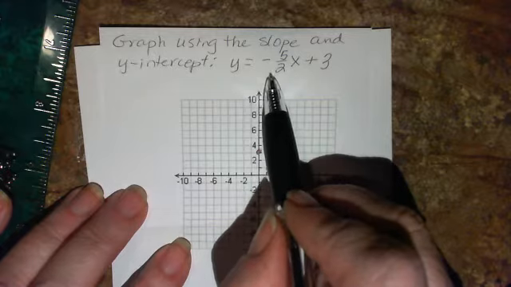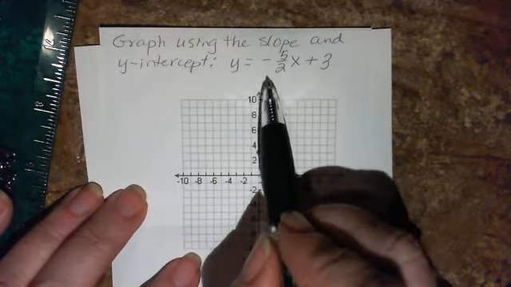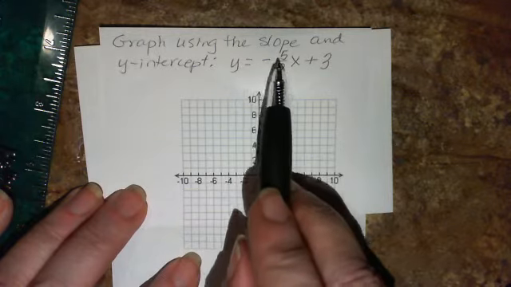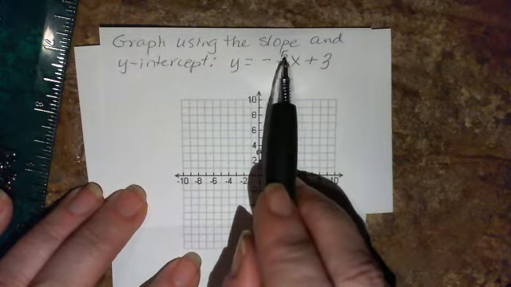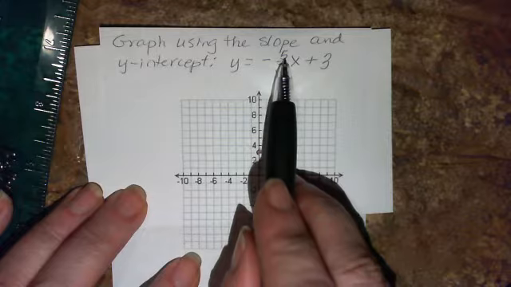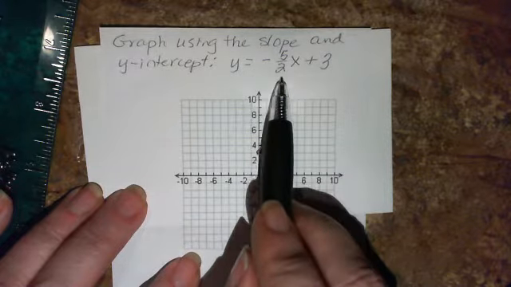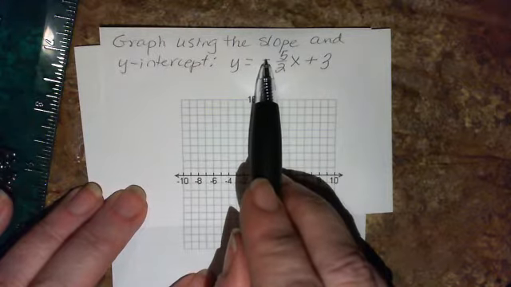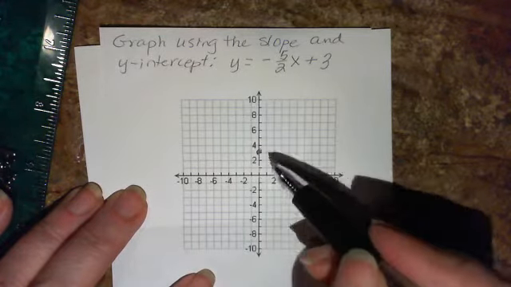And since our slope is negative, we know that the line is moving down from left to right. So the change in y values is going to be -5, and the change in x values is going to be 2. Our rise over run is -5 over 2.